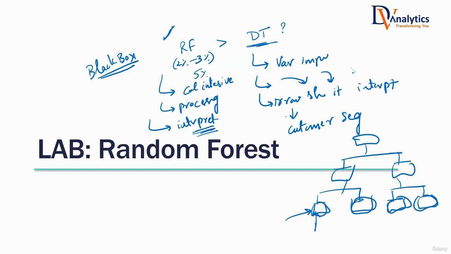Random forest, does it give you segments like this so that you can apply one strategy on each segment? Does it give you 4, 5 or 6 segments like this? If you want to do customer segmentation, you want to run marketing strategy or sales strategy, you have two options. Would you go for random forest or decision tree? Which one will give you the segments?